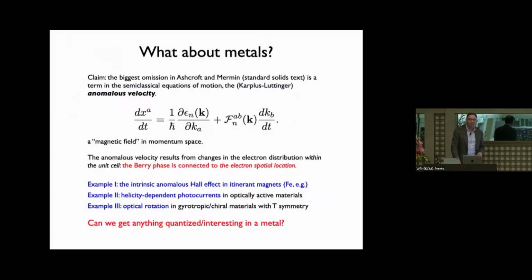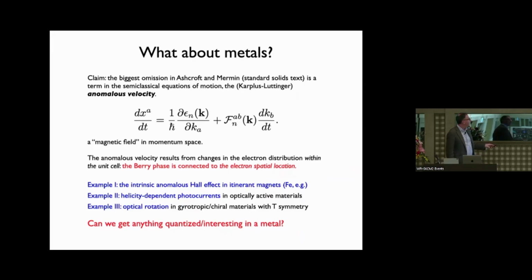And in fact, well before Berry, closer to the time of Pancharatnam, it was discussed by Karplus and Luttinger, but they couldn't really explain it that well, maybe in hindsight because the geometric ideas weren't so clear. But they basically pointed out that in low symmetry crystals, anything that breaks either time reversal or inversion, there's actually a missing term in the standard equation of motion that you find in classic books like Ashcroft and Mermin.